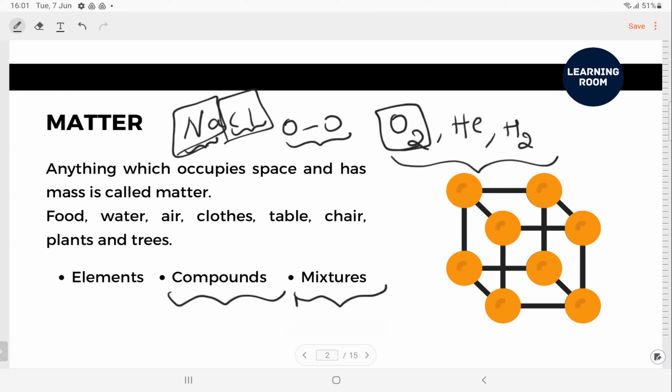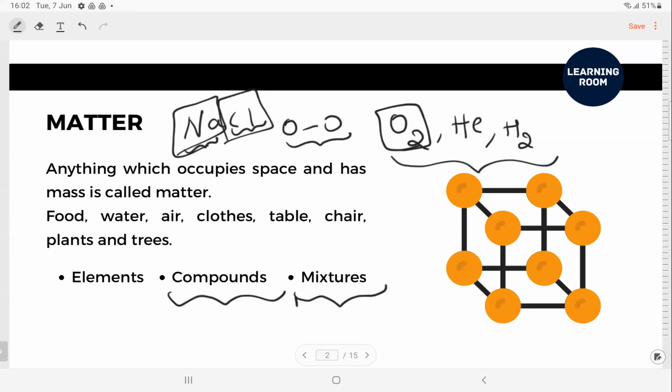Yes. Homo means same, hetero means different. Okay. So same in the sense.